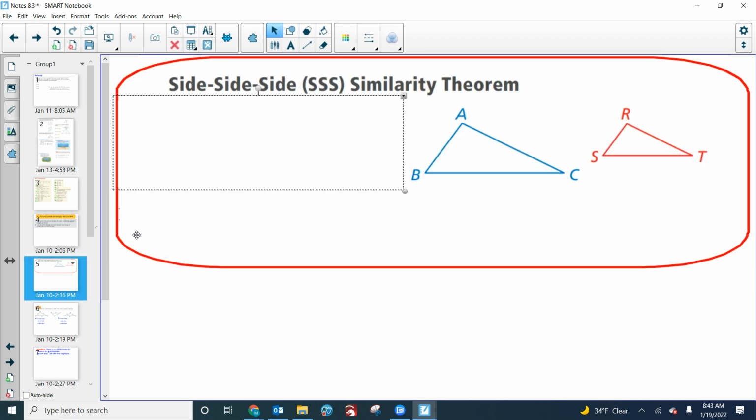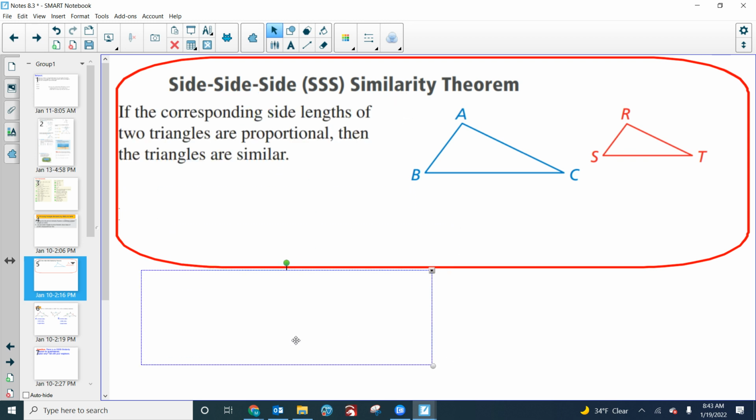Well, our first one, SSS similarity. It's not going to say if 3 sides in one triangle are congruent to 3 sides in another triangle. It's going to say if 3 sides in one triangle are similar. And what's that word? The sides are proportional, right? That's going to be the key.